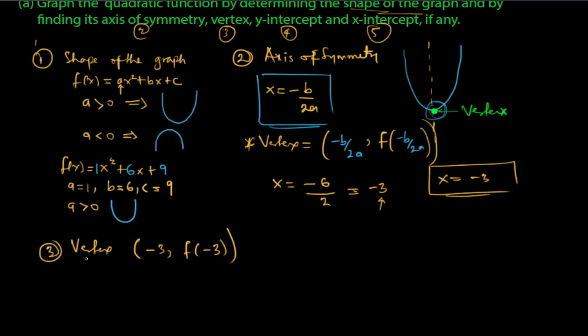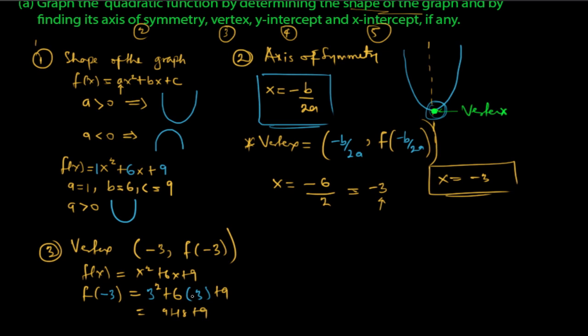So since what we have here, our f of x equals x squared plus 6x plus 9. So to find f of negative 3, f of negative 3 is just going to be negative 3 squared, then plus 6 times negative 3, then plus 9. So this is 9 plus negative 18 plus 9.